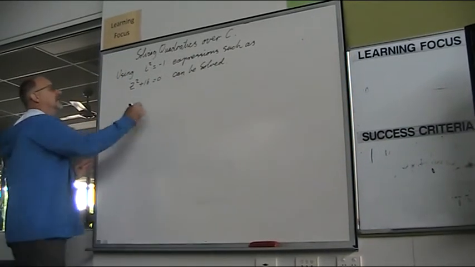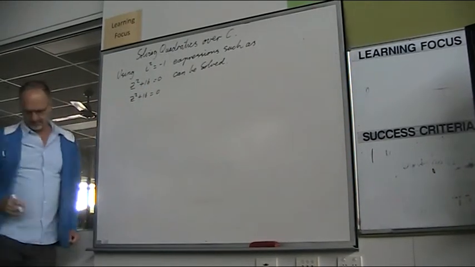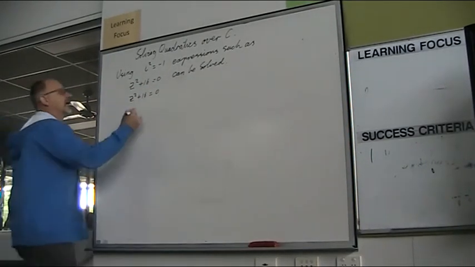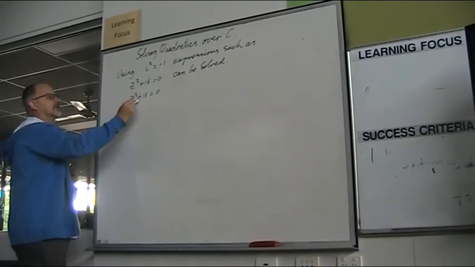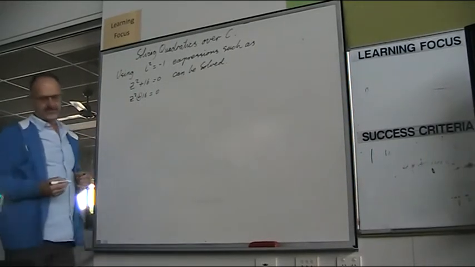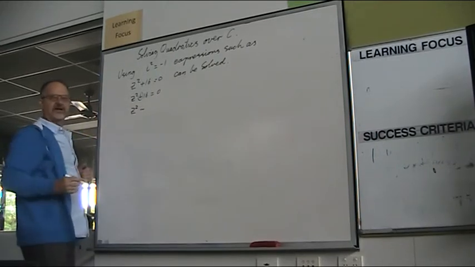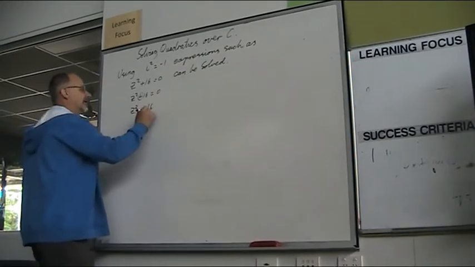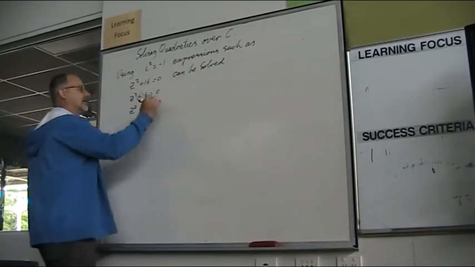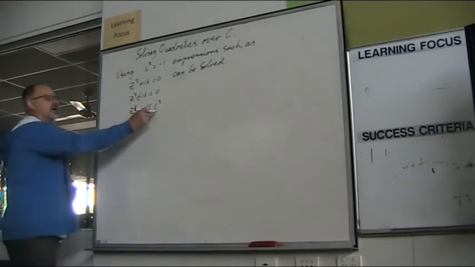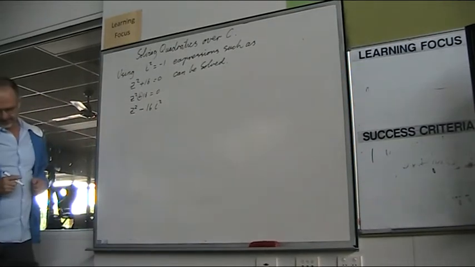Alright, so if z squared plus 16 is equal to 0, if we then take this plus and we change it to a negative, then as we know we can't just change things, we've got to balance it out somewhere. So if we have the i squared, so i squared is -1, that negative there, we've got our positive.